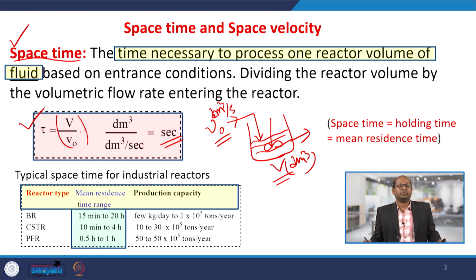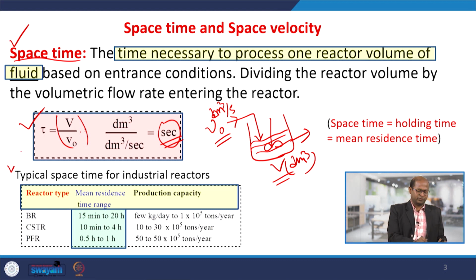With the help of the reactor volume and volumetric flow rate, we can find the space time for that particular reactant, which may be 10 seconds, 30 seconds, 20 seconds, 1 hour, or 2 hours for that system. The space time depends not only on the reactor but also on the reaction; it will vary from reaction to reaction.